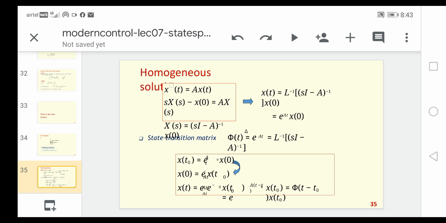Once you have x dot is equal to A x of t, you apply the Laplace transform, and then from that X of s we get (sI minus A) whole inverse. From that, the state transition matrix, you again apply the inverse Laplace transform, and then you get e power At equal to the inverse Laplace transform of (sI minus A) whole inverse.